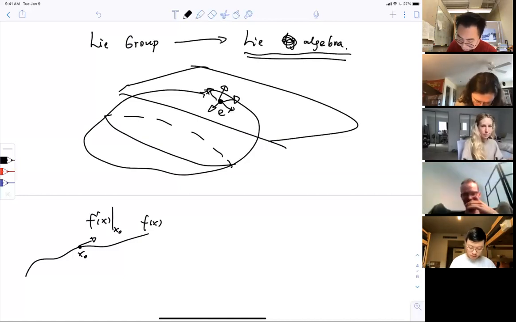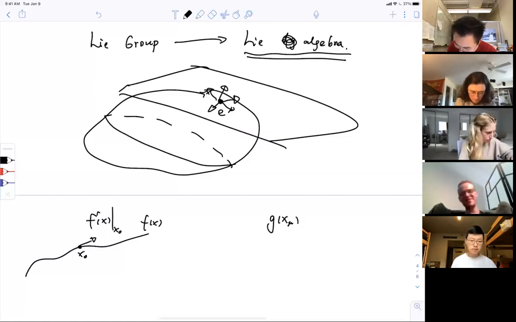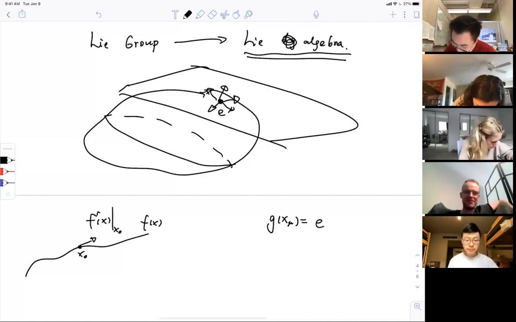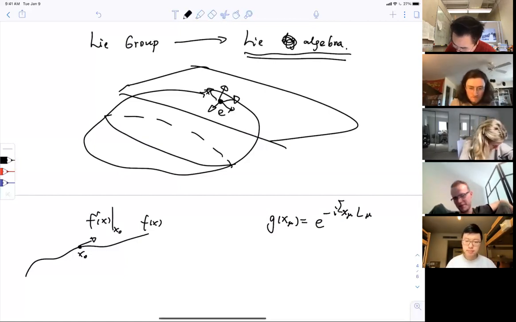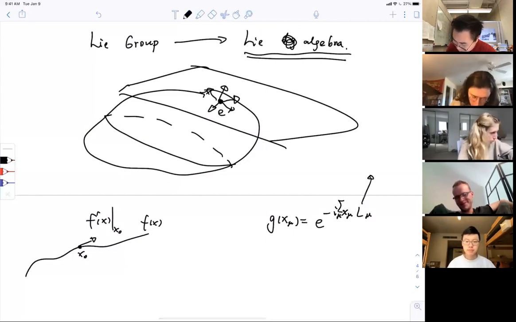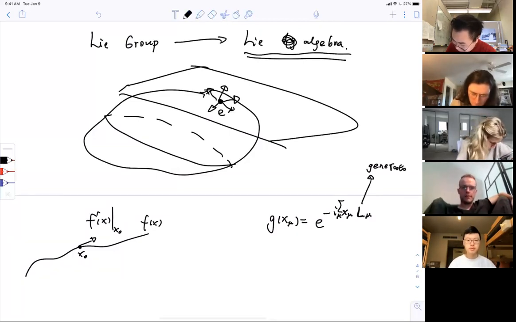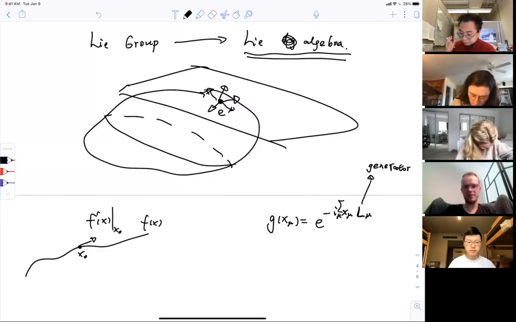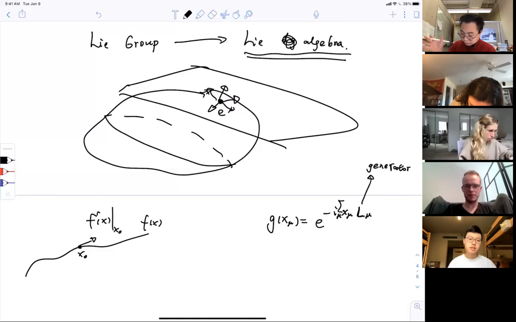Now, for group elements, from physics, we know it can be written in this way: some sum over mu, where L are the generators of this group. And X mu basically tells us how much we rotate or we translate along some direction or around some axis.